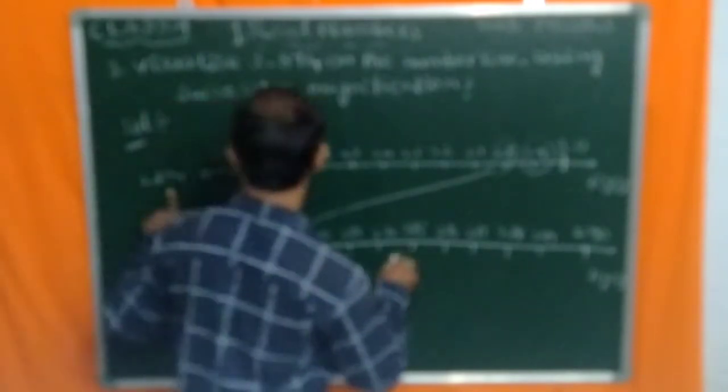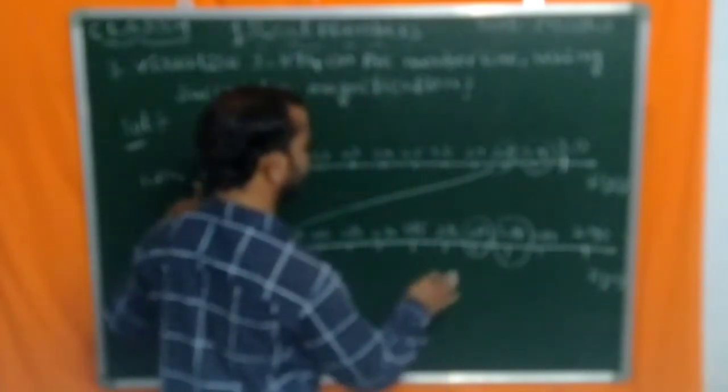Next, 2.874. It lies between 2.87 and 2.88, which are divided into 10 equal parts. We can take another number line.